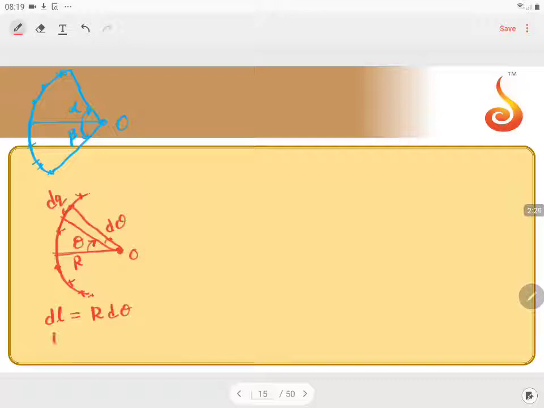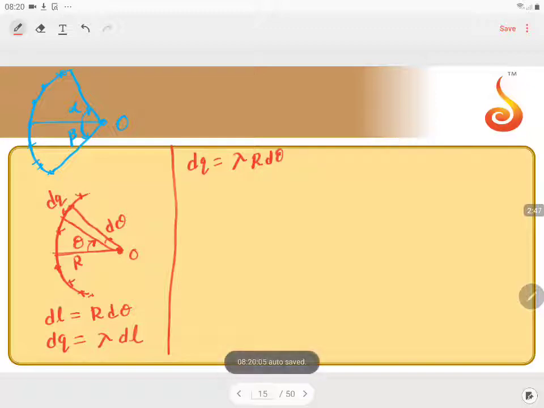Now, what is the small amount of charge on this element? dq equal to lambda dl. So the small amount of charge dq will be equal to lambda into r d theta. Now, what is the electric field produced by the small elemental charge at the point O? Like this, dE.